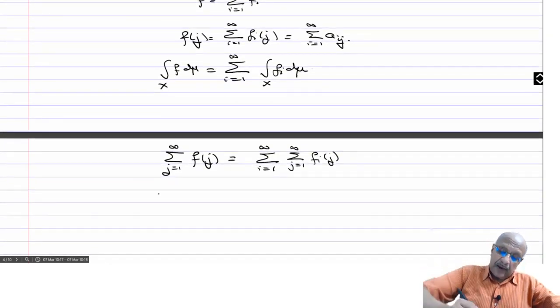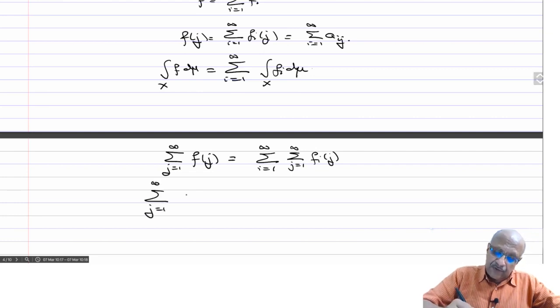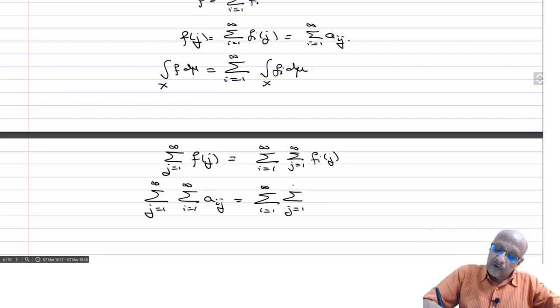So if we expand this, you get sigma j equals 1 to infinity f of j, which is sigma i equals 1 to infinity of a_{ij}, is equal to sigma i equals 1 to infinity sigma j equals 1 to infinity of f_{ij}, which is a_{ij}.